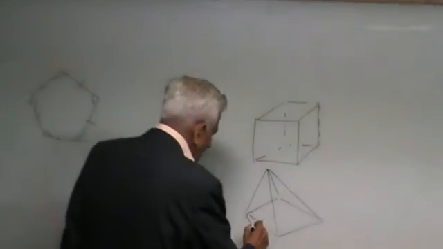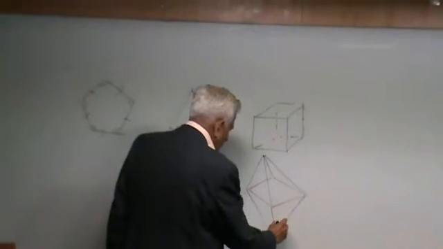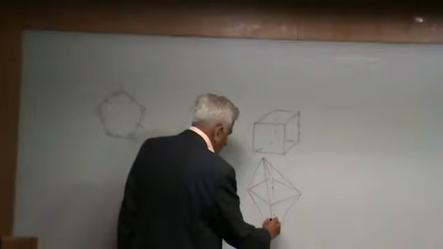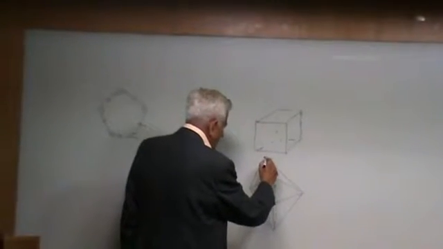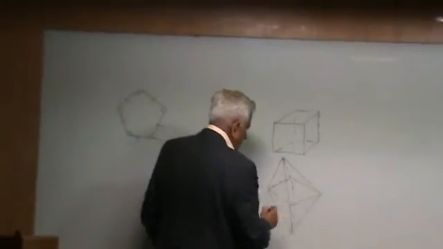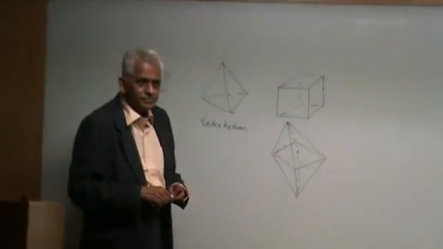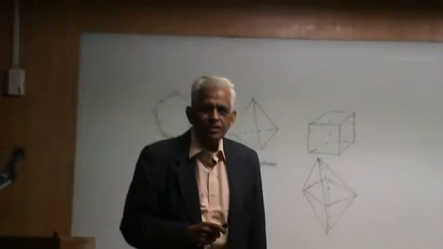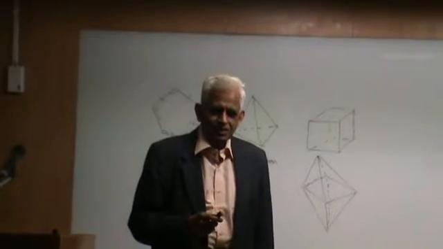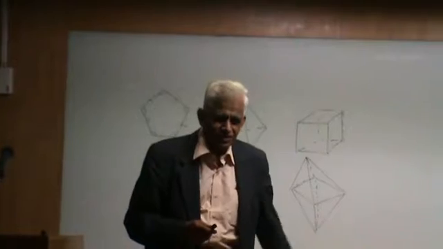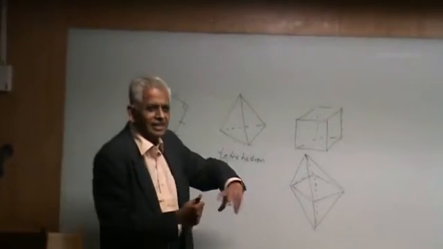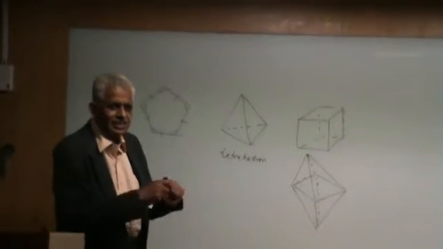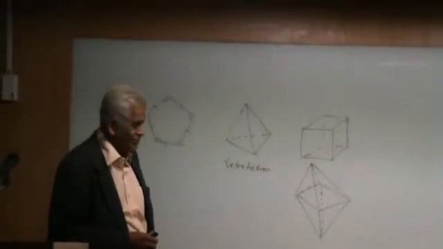You take another copy of the pyramid. It's a topological sum? Sorry? Topological sum of 2 tetrahedra? What do you mean by topological sum? It's a union. Union of 2 pyramids joined on the base. The intersection is the base, union is this.